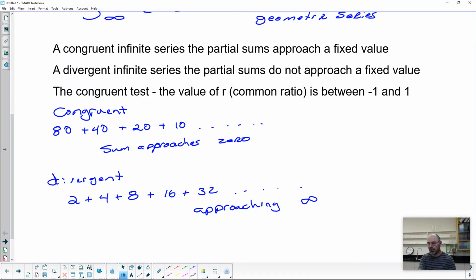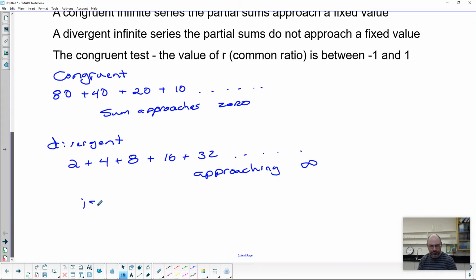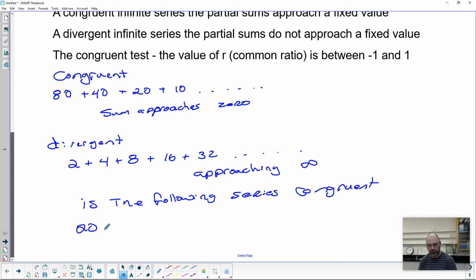So all you have to do to test it is know that R is between two numbers. So if I said, is the following series congruent? Okay, so let's say I started out with 20, and then I went times by a half, and times by a half, 5, dot, dot, dot.